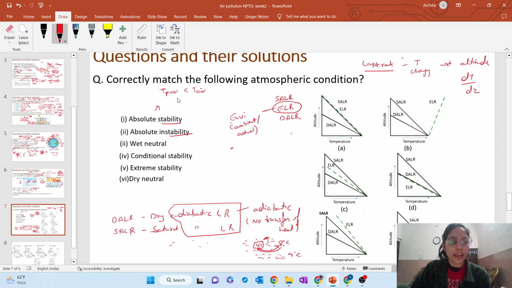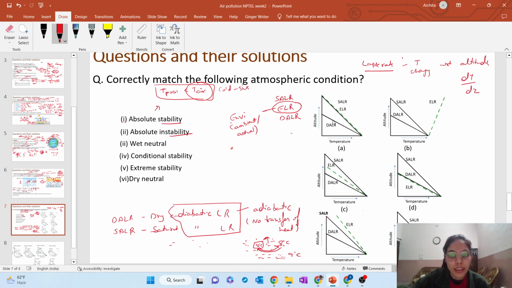Okay, and if that is the case, it means that the ELR, the actual lapse rate, should be less than the surrounding lapse rate. So ELR should be low, and in this case there is cold air, and cold air sinks.